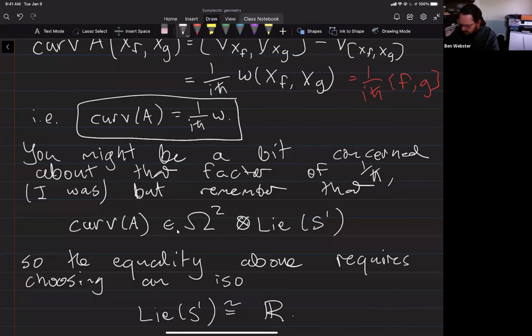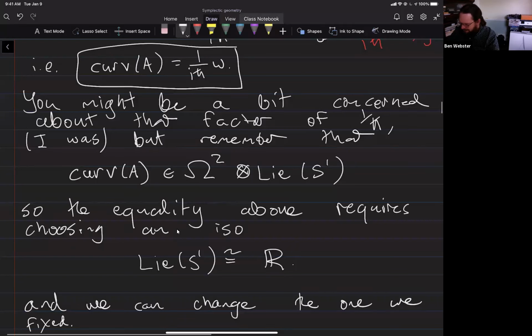All right. So this is just kind of a general point to be careful. That factor of 1 over h-bar, there are going to be these different scalar factors that show up. And I just want to emphasize, some of this actually just comes from the curvature isn't really a scalar valued 2-form. It's valued in the Lie algebra of S1, which is isomorphic to R or to iR, but not canonically.